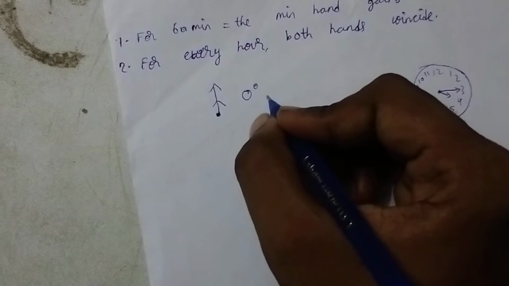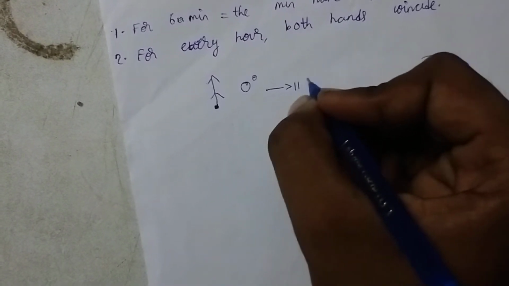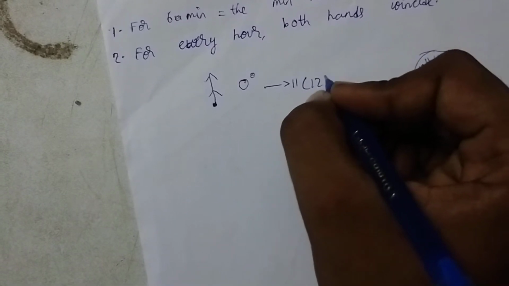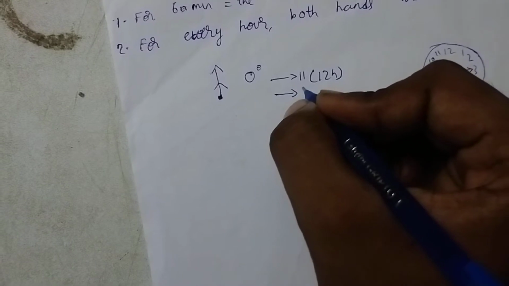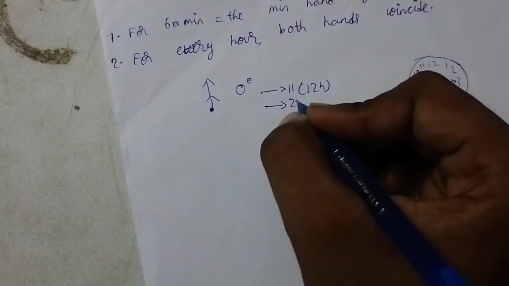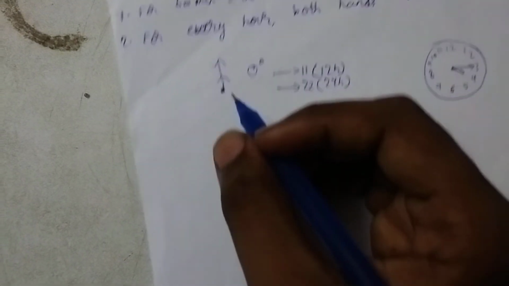For every 12 hours the hands will coincide 11 times only. For one day, that means 24 hours, they will coincide 22 times.